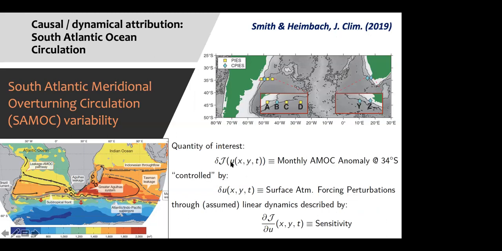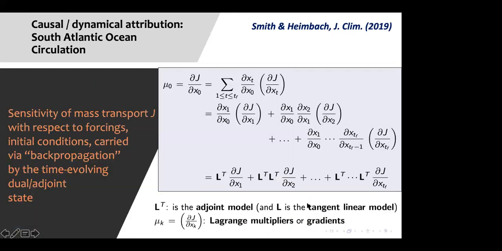To ask the question, our quantity of interest, previously our cost function J, is now no longer a model-data misfit function, but just a transport anomaly at 34 South. And we're interested in how this quantity of interest is sensitive to all of the different surface forcing fields, and also at all times, so at all time lags.